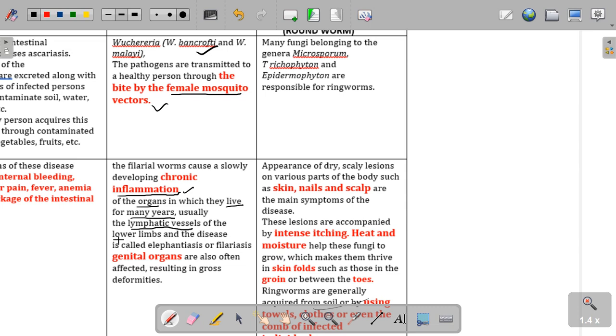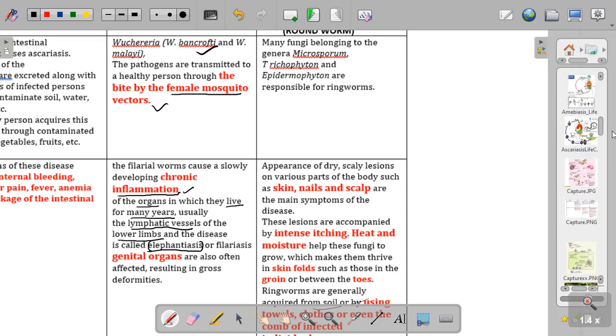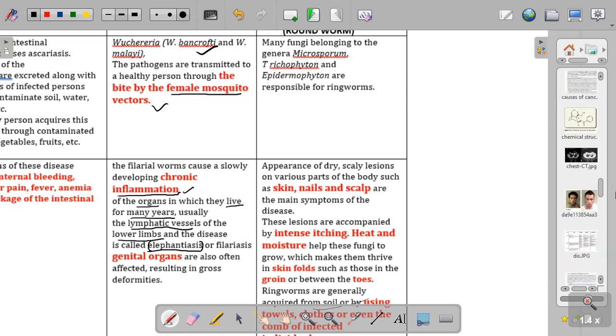We can call that the groin. Groin is nothing but the place between the legs. This disease is also called elephantiasis because the person's legs appear huge, like an elephant's.